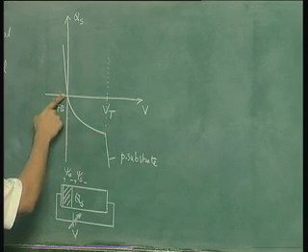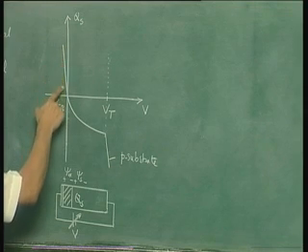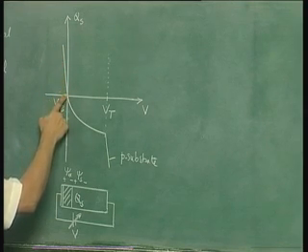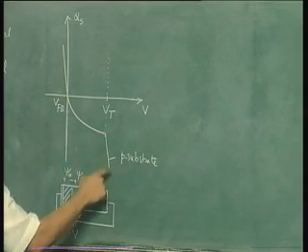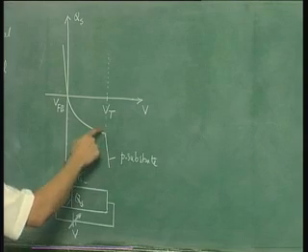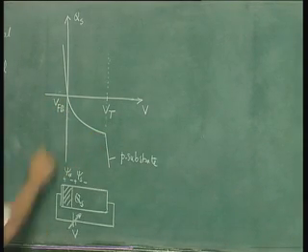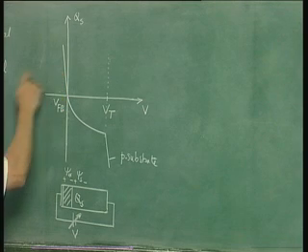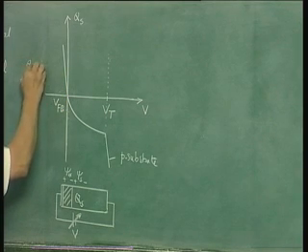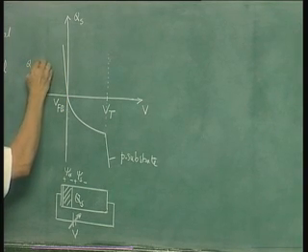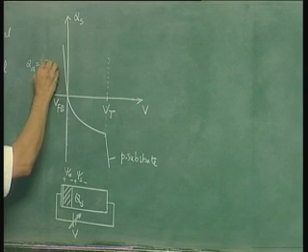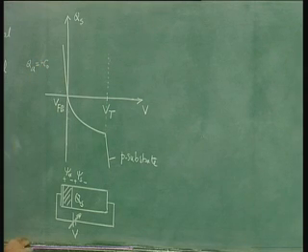Please recall that the slope of this line which is an accumulation, and the slope of this line which represents the inversion charge, both these slopes are the same, because the equation for this is Q accumulation equal to minus C naught into V minus VFB.